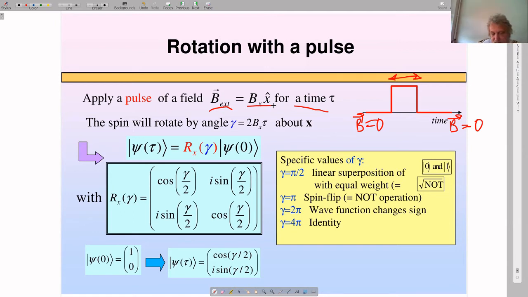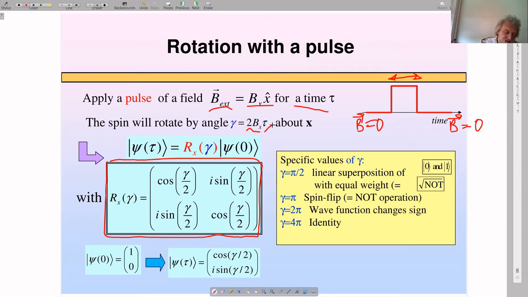One can elaborate and write down the rotation matrix, which has a rotation angle. And what is a rotation angle? It's just the magnitude of the field times the duration of the pulse.